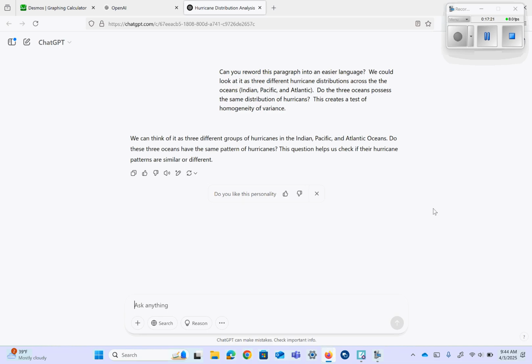Do these oceans have the same pattern of hurricanes? This question helps us check if the hurricane patterns are similar or different. I feel the two are saying the same thing, but this one, "this creates a test of homogeneity of variance," what does that mean? The ChatGPT version is easier language.